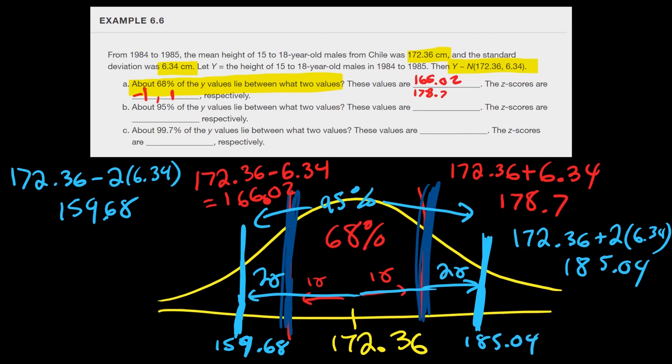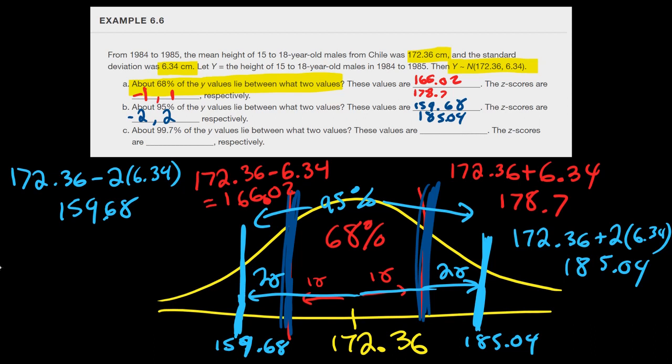So about 95% of the y values lie between 159.68 and 185.04. What are the z-values for those? Since we're going 2 standard deviations below and above, it's -2 and +2.